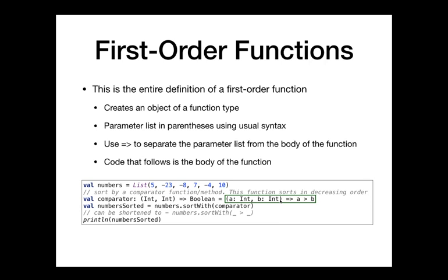We have the parentheses, we have the names of our inputs, and we have our types separated by colons, and then each input is separated by a comma separated list. And then the body of the function is going to follow this arrow symbol. Equal, greater than, and that's the notation we're going to use to say, I'm done with the parameter list, I'm starting the definition of this function.